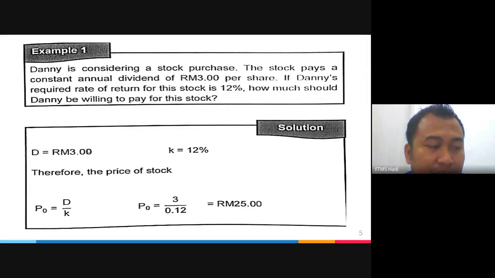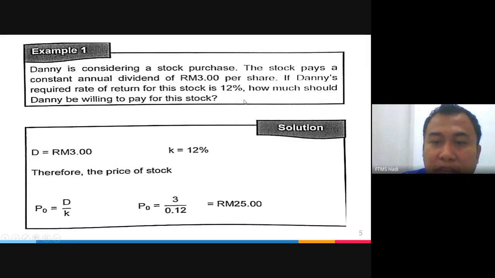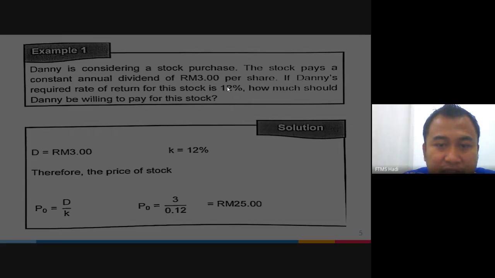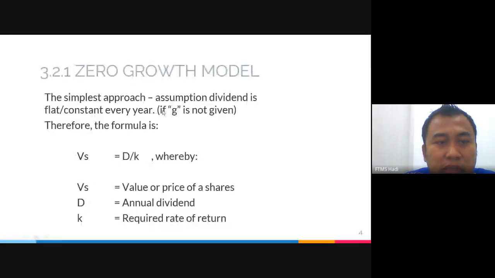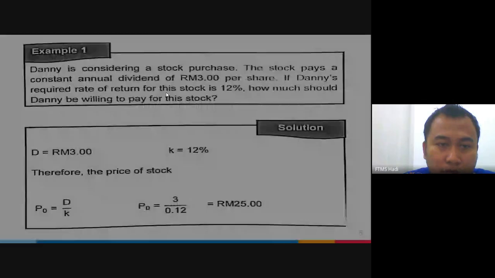First thing first, in order for you to answer this chapter question, you have to look at the word grow, which is G. In this case, there is no word mentioning growth or grow whatsoever. So if G is not given, definitely we will use the first model, which is the zero growth model.